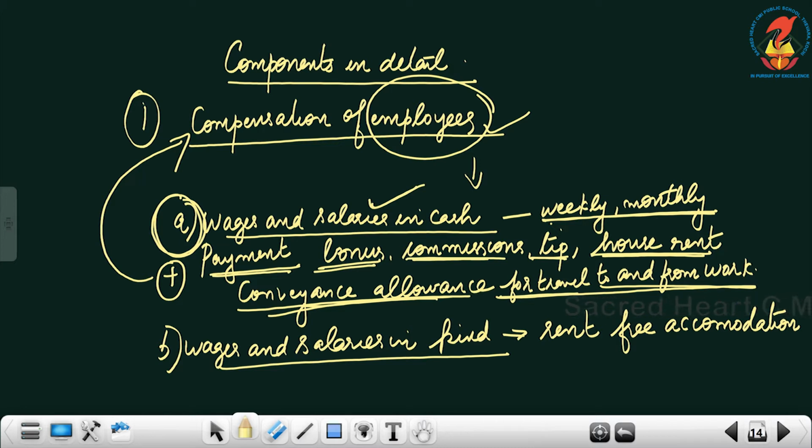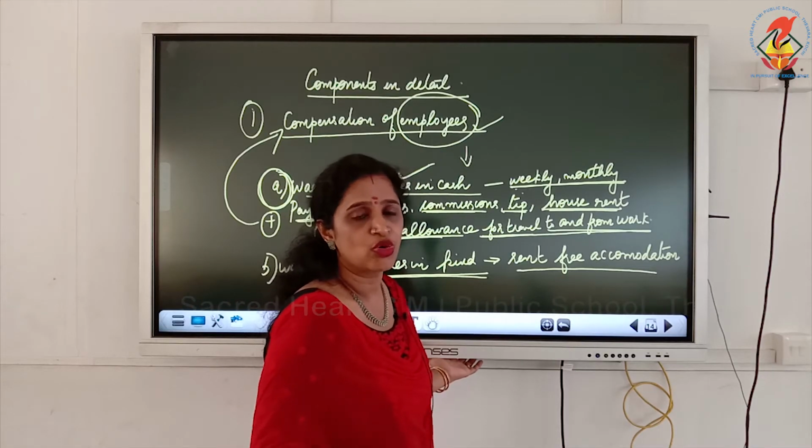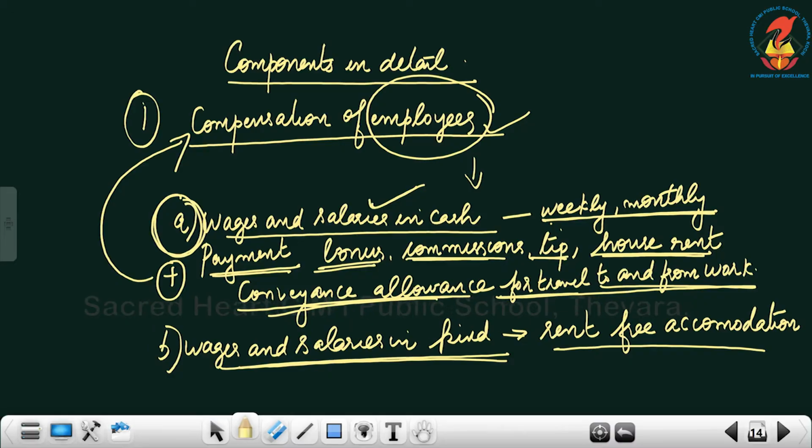Now, let us see what comes under wages and salaries in kind. It consists of rent-free accommodation. We just need to stay at home, and the company will provide the rent.